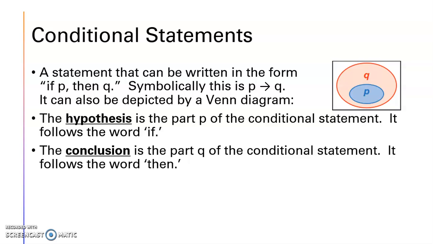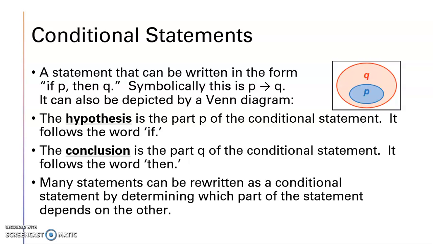Now, conditionals can be written without the words if and then, but for this class, we're going to be specifically using those words to show which part is the hypothesis and which part is the conclusion. Statements can be made that are conditional without those words, but we're going to be changing them into a statement with the words if and then.